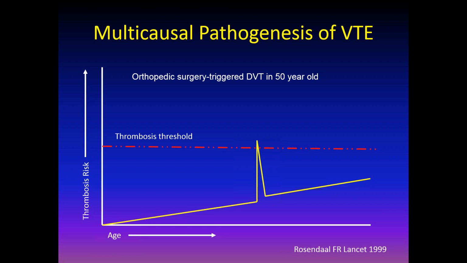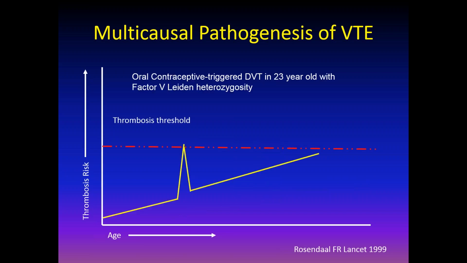After treatment, this risk goes away, which is typical of patients with a significant, time-limited risk factor like surgery. Then he resets to where his risk is at that particular age, although increasing over time with age.